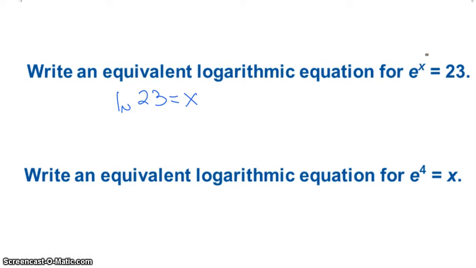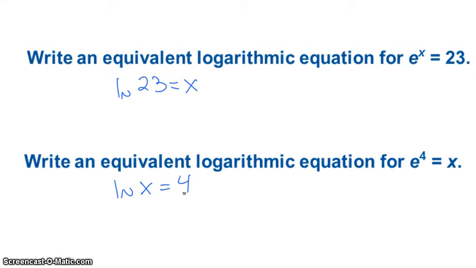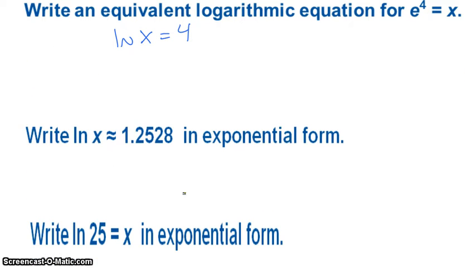So if I was going to write an equivalent logarithmic equation for e to the fourth equals x, my base is e, so I've got natural log of x equals my exponent of 4. If I was going to go the reverse direction and write natural log of x is approximately 1.2582, I would write, I've got a base of e to the exponent, and then since there's an approximately, I'll just keep the approximately.